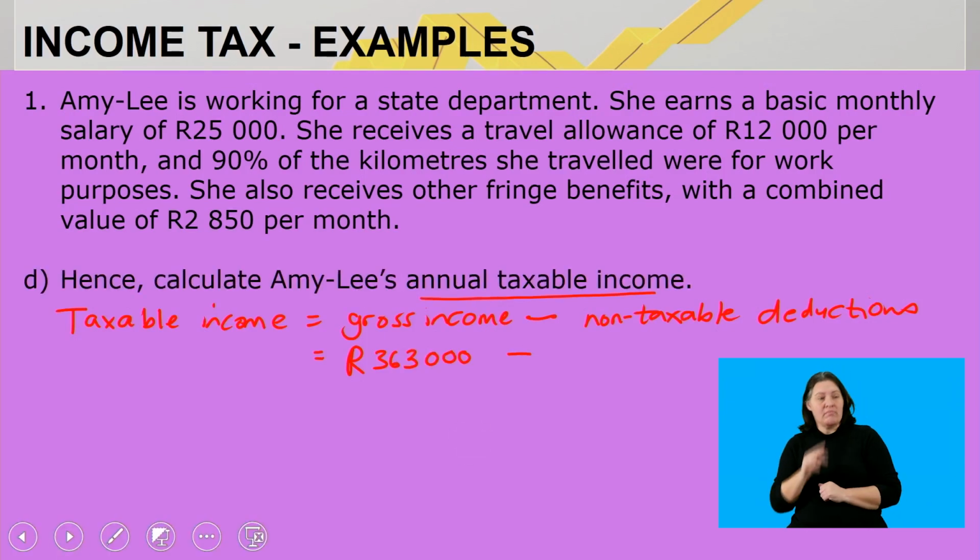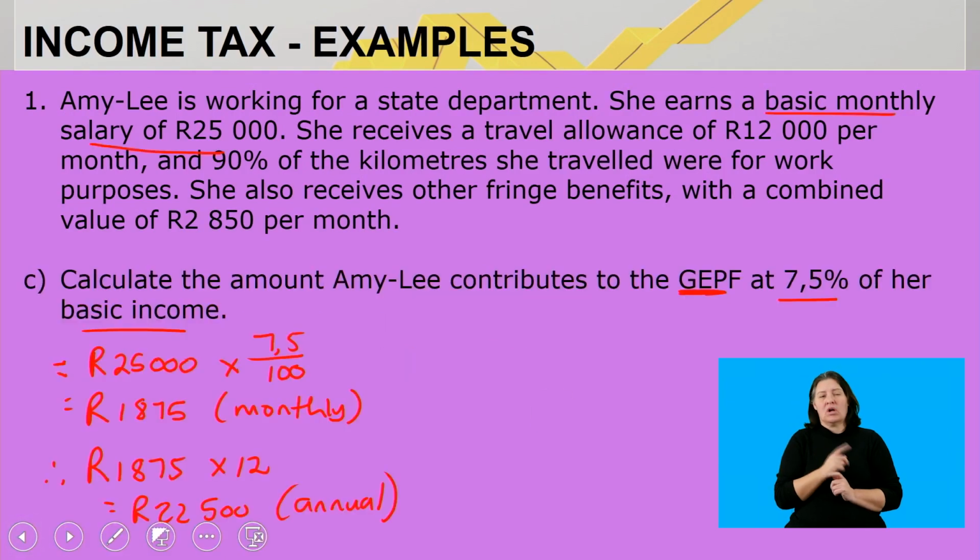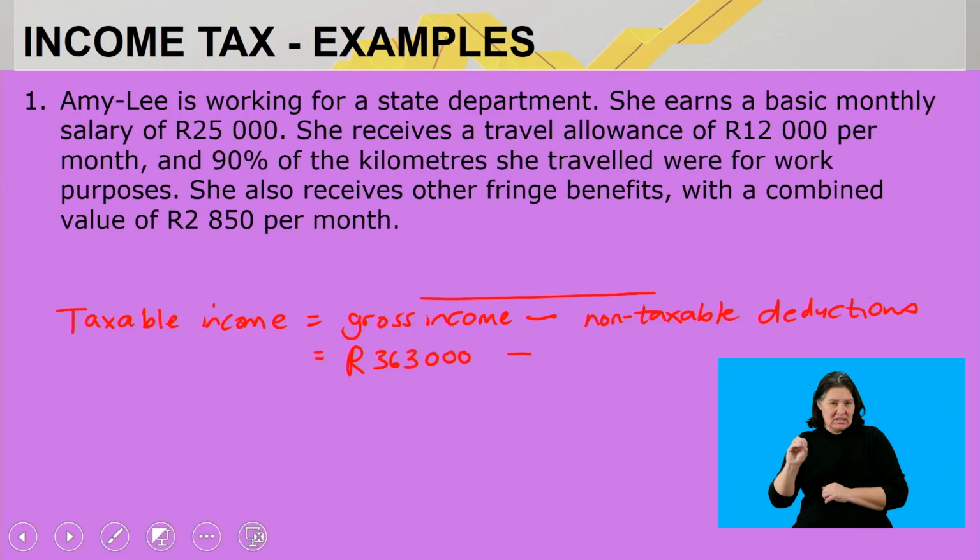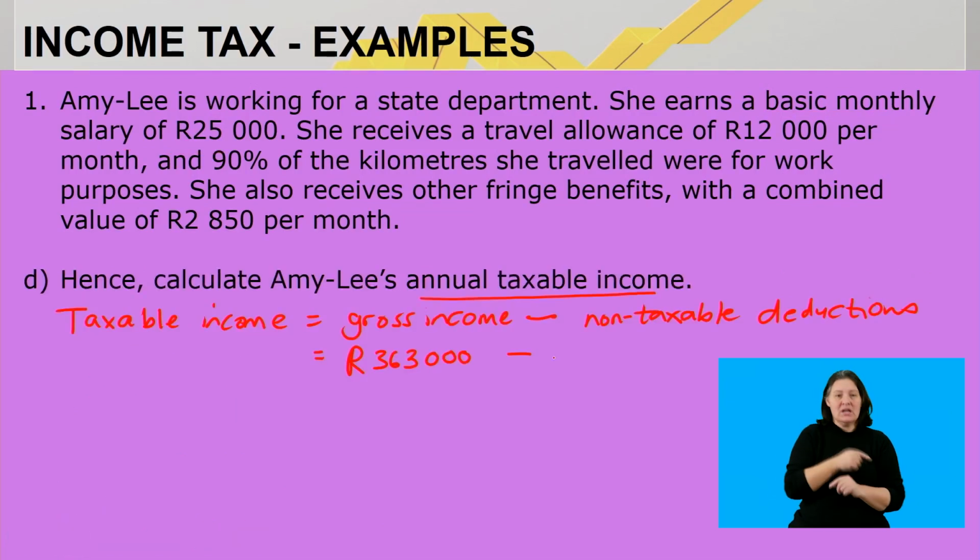Your pension fund contribution, here we can see 22,500. So that must now be deducted, right? Minus 22,500 Rand. Okay, so we are looking for the taxable income.